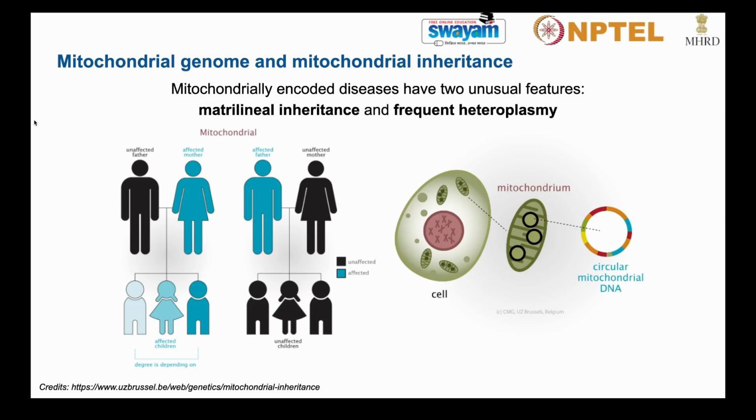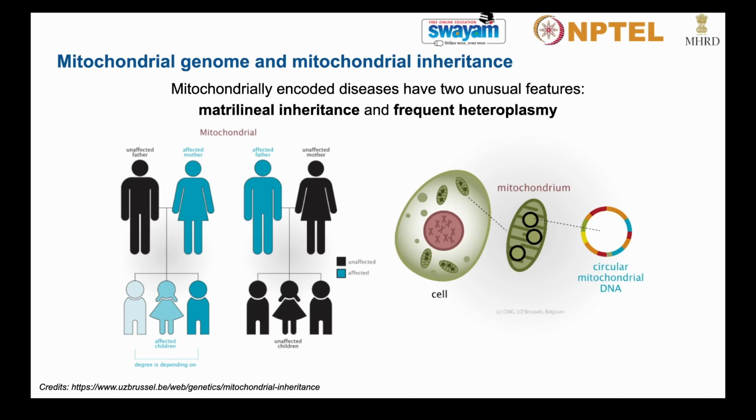As previously we were discussing the Mendelian pedigree patterns, in which we were focusing on the DNA present in the nucleus. But other than that, there is another kind of inheritance pattern in which we consider the mitochondrial genome. We know that other than the nucleus, two other organelles also carry DNA: one is mitochondria and the other is chloroplast.